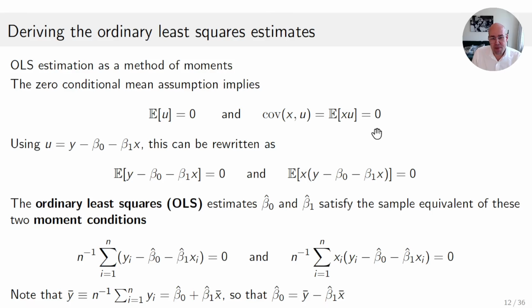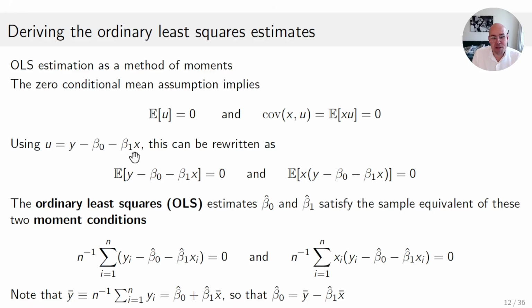Now, at the same time, when we recall that y is beta naught plus beta 1x plus u, then of course we get that u is y minus beta naught minus beta 1x.